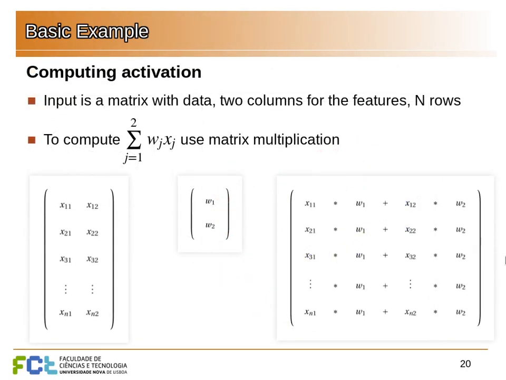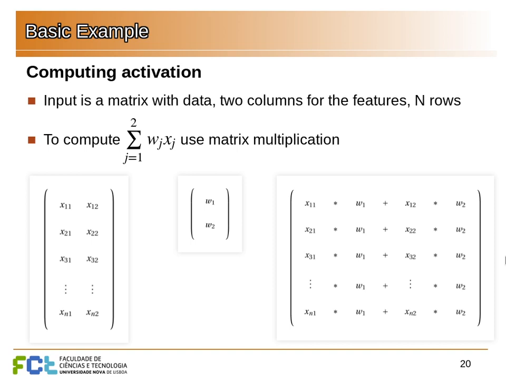So the input would be a matrix with the data, a number of examples, where each example is a row here. Then we have a vector here, or a matrix with one column, with the two weights of our neuron. And if we do matrix multiplication, we get one column where we have the product of each input and the corresponding weight, and then the two things summed together.